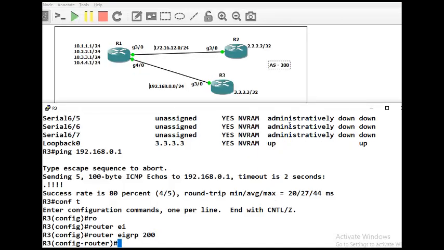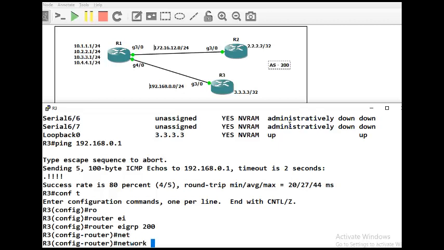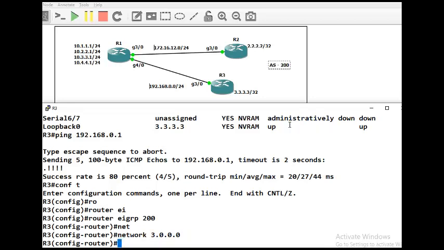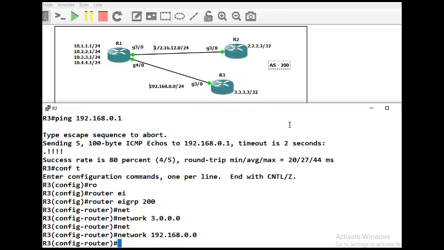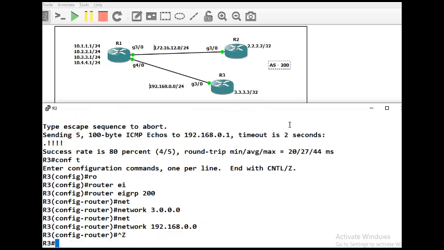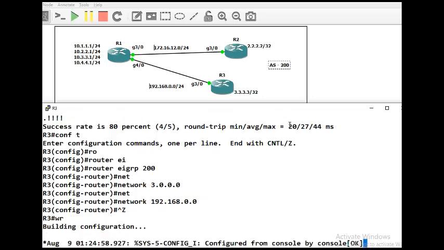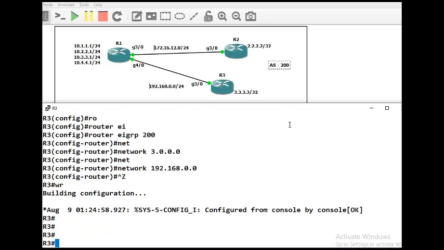Then I'll say network, and network, done. Now let's move on to router 1.